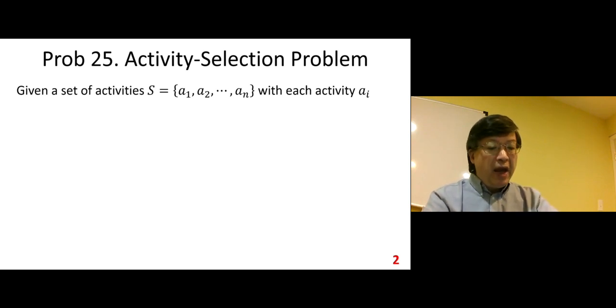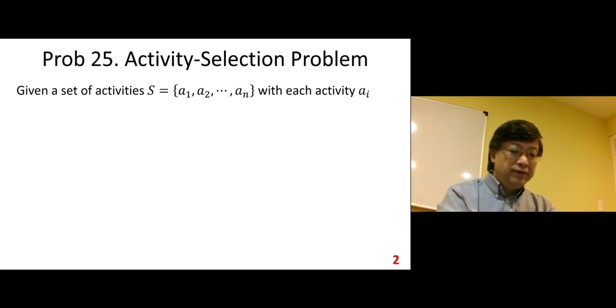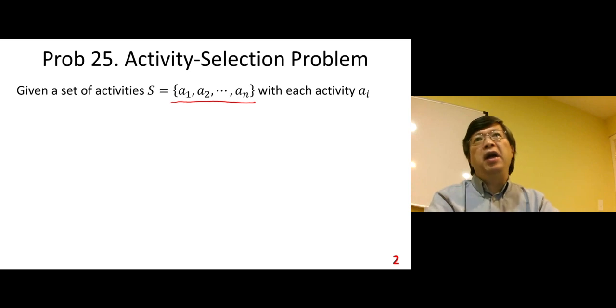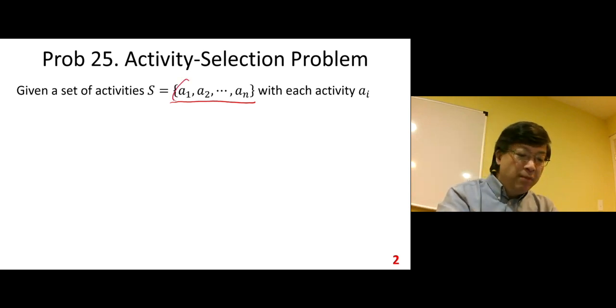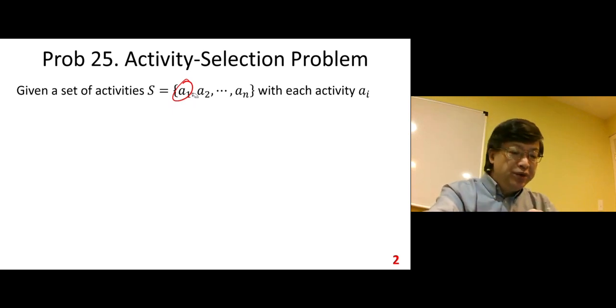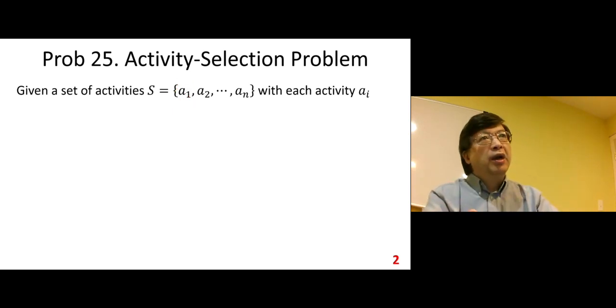Given a set of activities, here is our activity list. But how do you define an activity? For each symbol, how do you define an activity? We use an interval to define it.